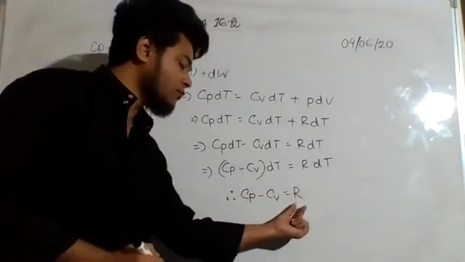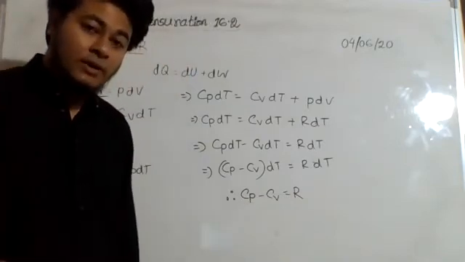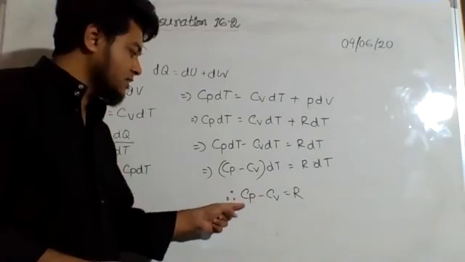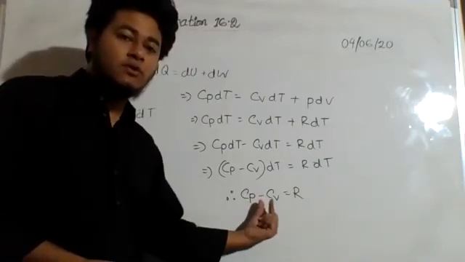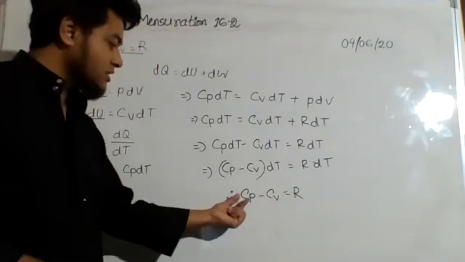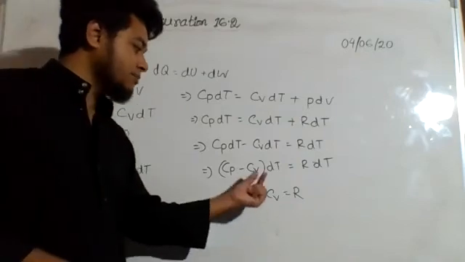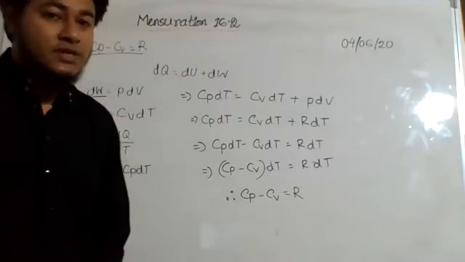Now, if you take a look from here also, we can say that Cp is always greater than Cv. Why? Because only if Cp is greater than Cv, when you subtract one from the other, will you get a positive value, right? Cp is greater. That is why when you subtract Cv from Cp, you get a positive value, that is the universal gas constant.